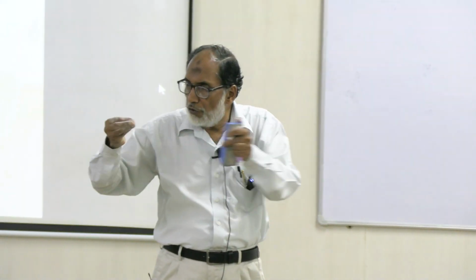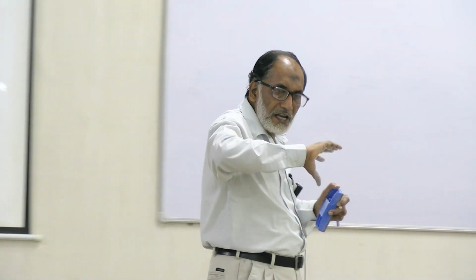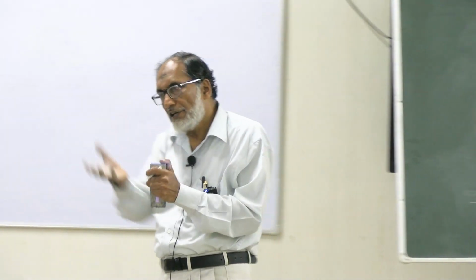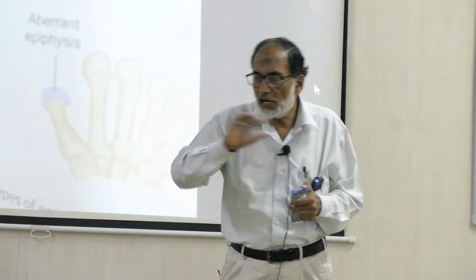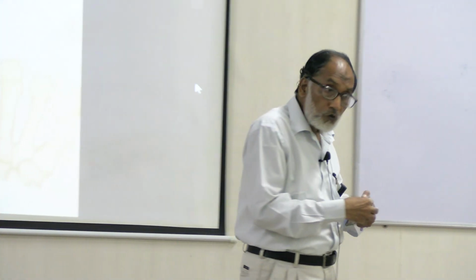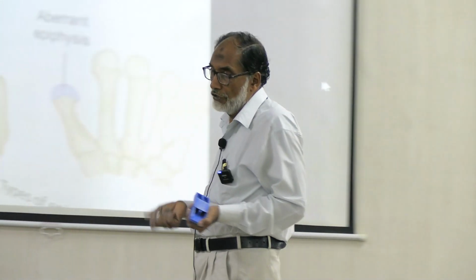When two bones form a joint, that joint is covered by hyaline cartilage. The end of the long bone is covered by smooth hyaline cartilage. That is called articular cartilage. The periosteum stops just at the margin of the articular cartilage. It will not cover the articular cartilage. So if this articular cartilage, due to any reason, is damaged, it will not regenerate.